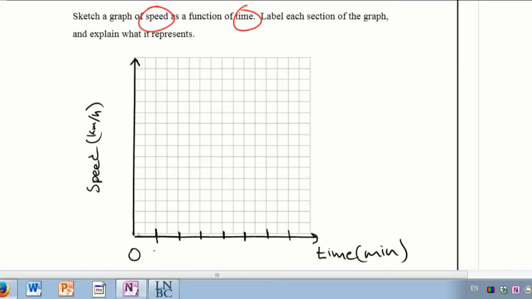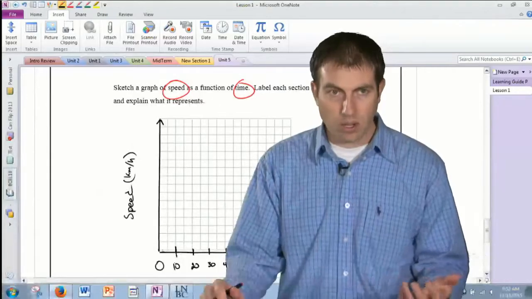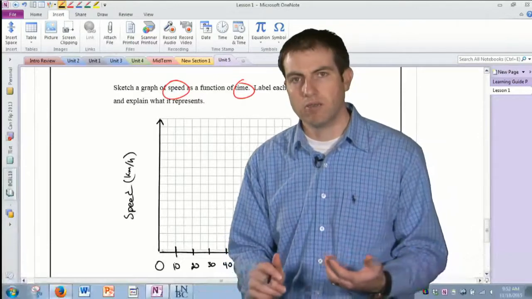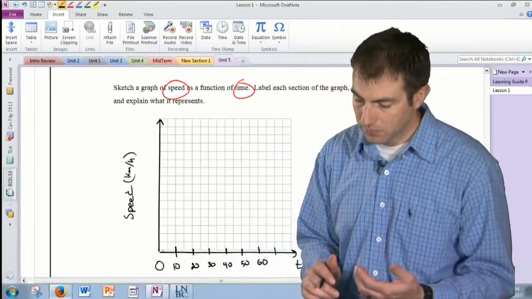How about if I put in 10, 20, 30, 40, 50, 60. If I do it that way, I'm going to end up kind of maximizing my graph.